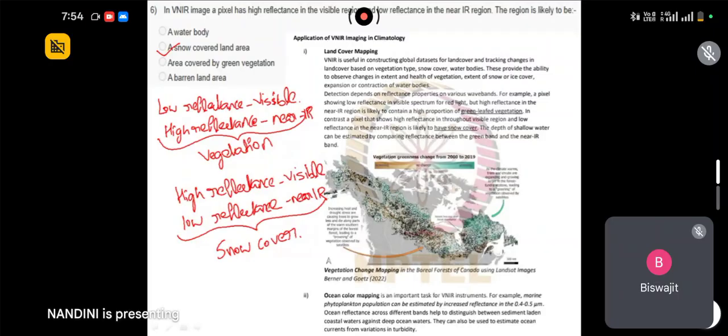And water bodies, I think, will be having very low reflectance in both because they mostly absorb most of the solar radiation.